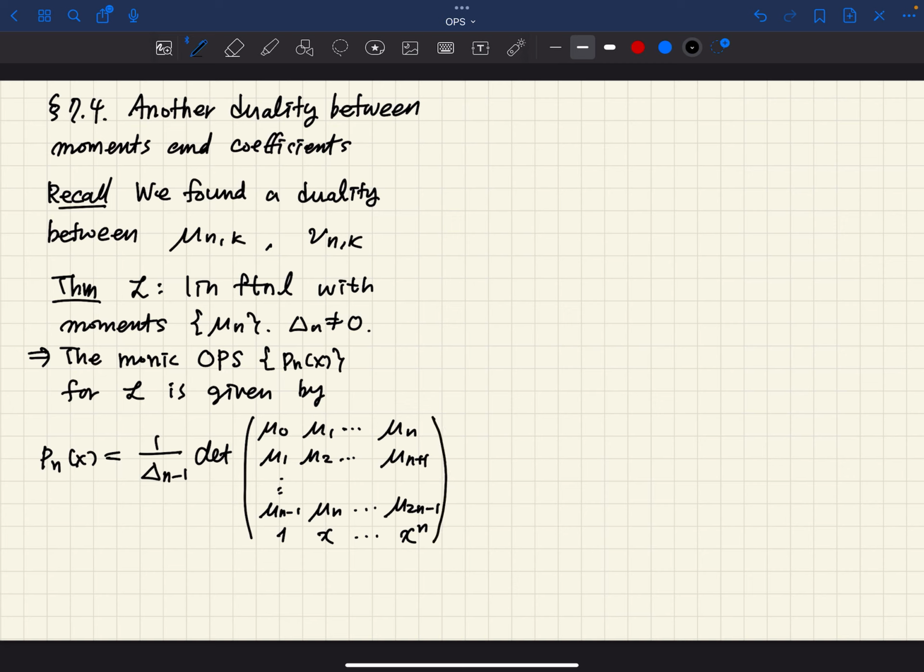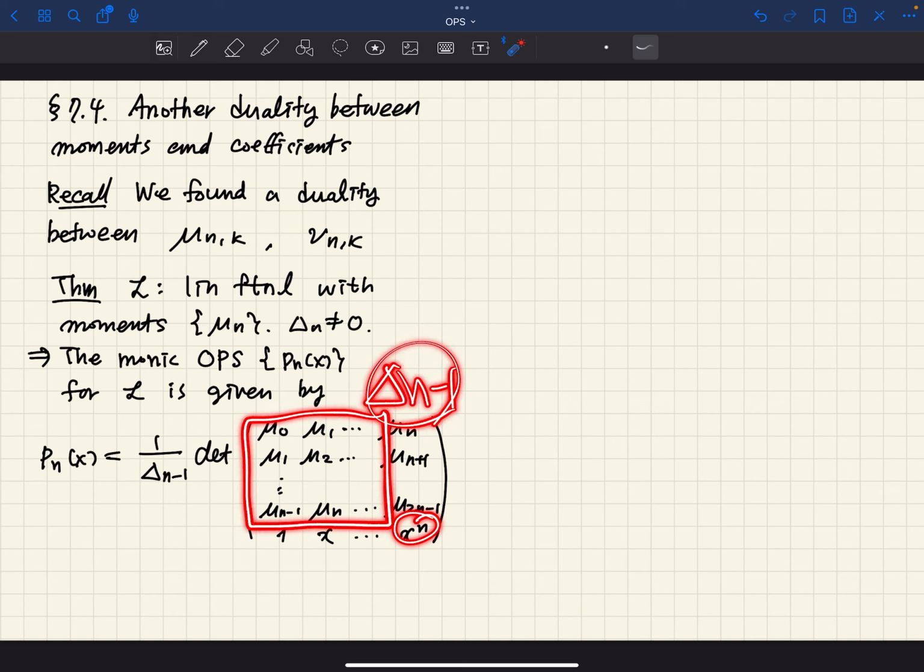If you expand this determinant, you get a polynomial in x of degree n. The highest term has coefficient delta_{n-1}, which doesn't cancel, so it's a monic polynomial of degree n. We actually proved this using the fact that there's a unique orthogonal polynomial sequence satisfying the orthogonality. But we will prove this combinatorially using the LGV lemma.